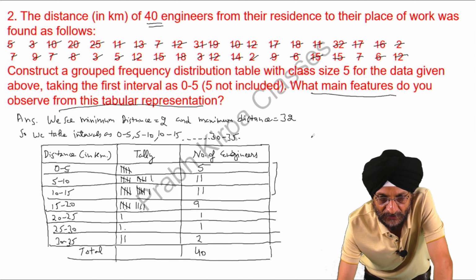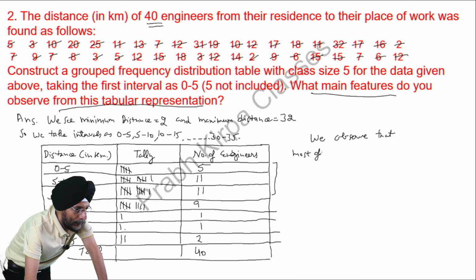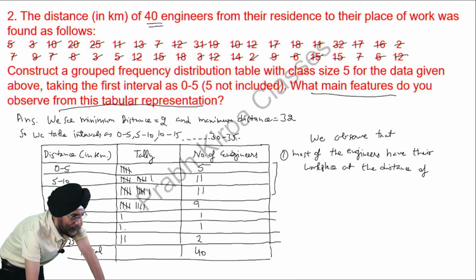So we observe that most of the engineers have their workplace at a distance of 0 to 15 kilometers.